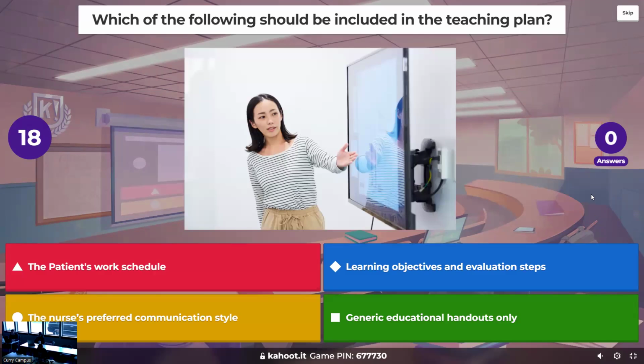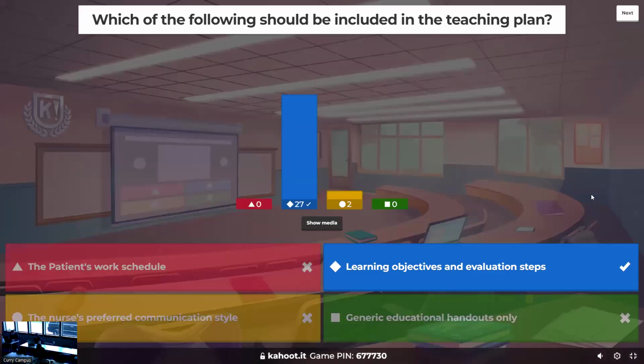And the yellow is the nurse's preferred communication style. Good, almost everybody got learning objectives and evaluation steps.